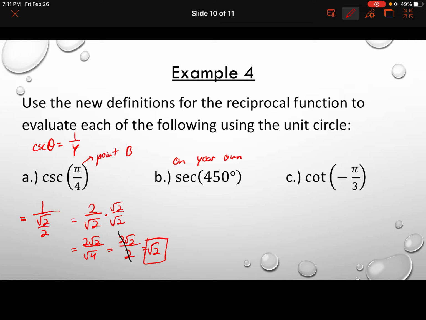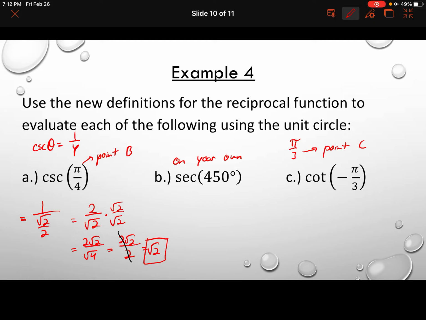So I'm going to locate on the unit circle positive pi over 3. If you look on your unit circle, positive pi over 3 will be point C. But since we have negative pi over 3 here, we're going to go on the opposite side of the x-axis. So that would be, let's see, I have to try to do this from my head.